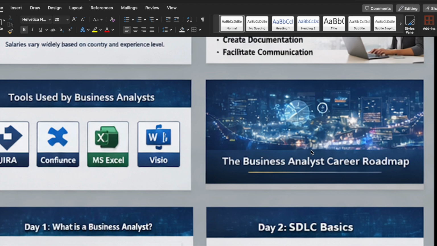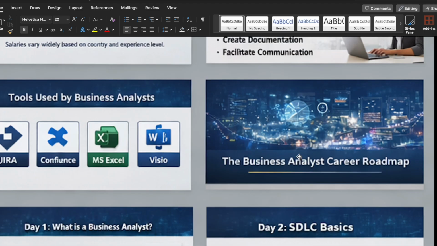Okay, so let's go through our agenda today. We'll start with understanding why we need this, because I see most of the students registered from different geographical locations: India, UK, USA, and Canada.